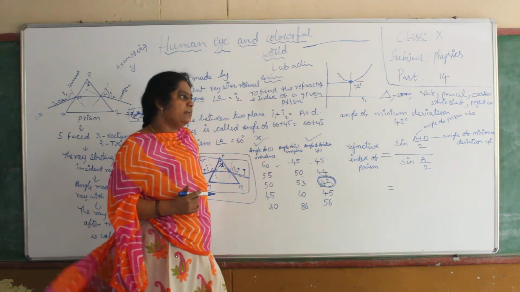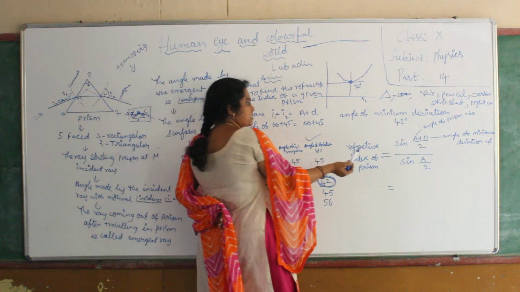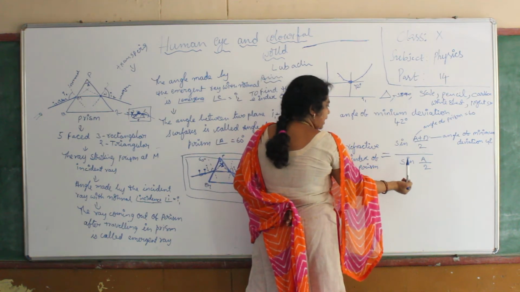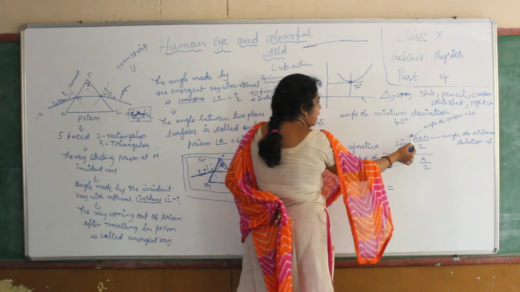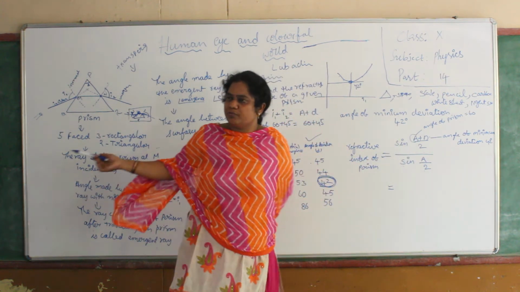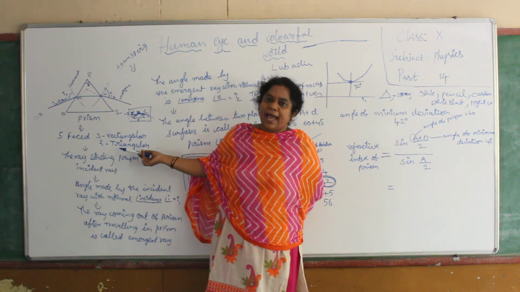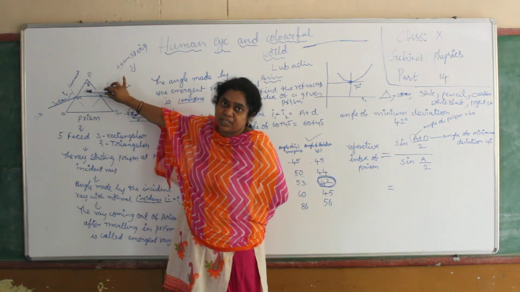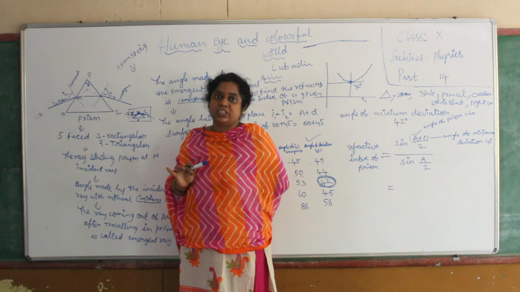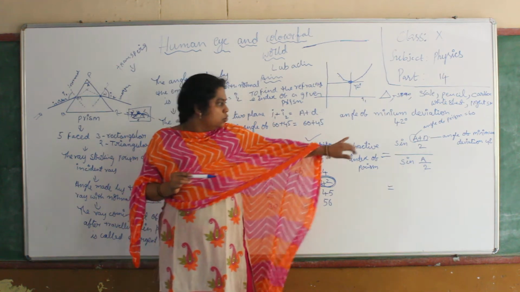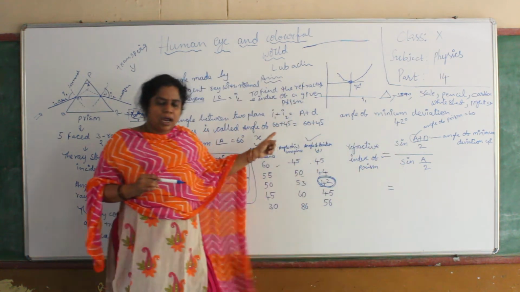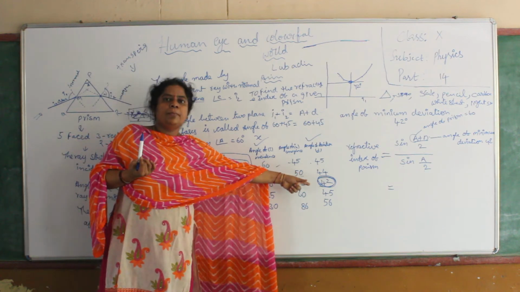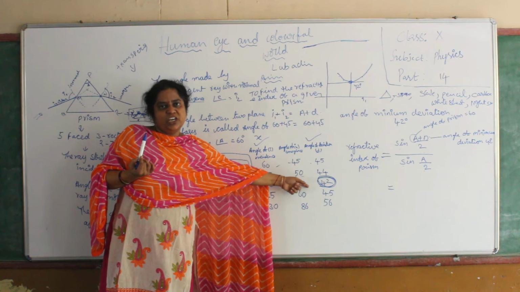The refractive index of the prism formula is sin((A+D)/2) divided by sin(A/2). A, as I already told you in the parts of the prism, is nothing but the angle of the prism. The angle of the prism of equilateral shape is 60 degrees. So A is 60 degrees, and by taking the readings, my minimum angle of deviation is 42.